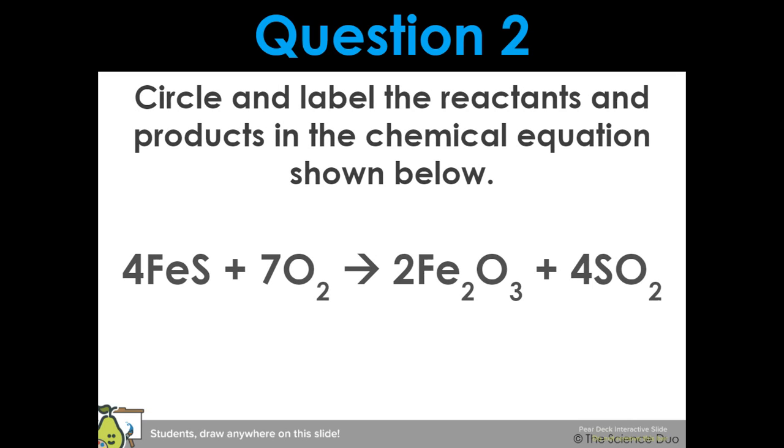Okay, next, question 2. I want you to circle and label the reactants and products in the chemical equation below. Go ahead and circle in different colors and label which ones are the reactants and which side are the products. You don't need to tell me what the names of the atoms are. I just want to know which side is which.